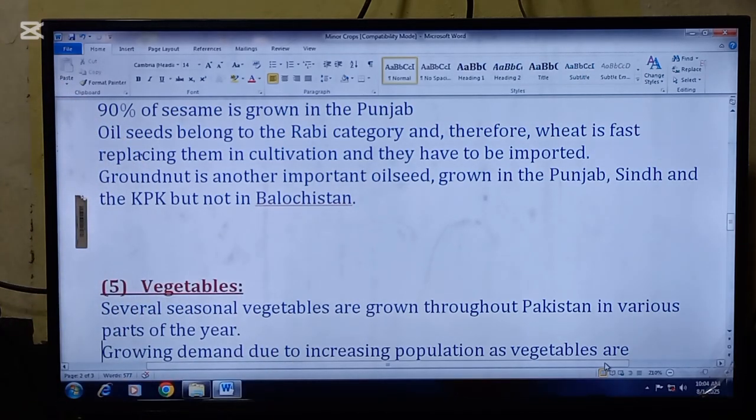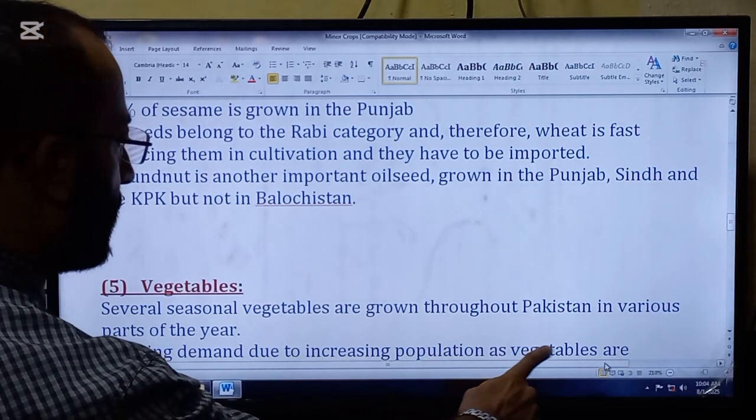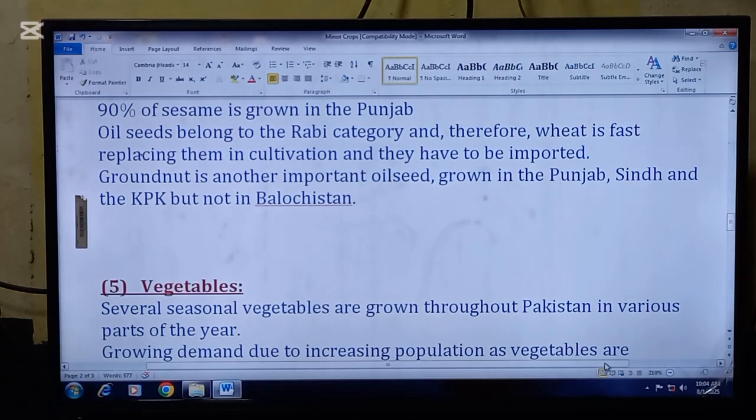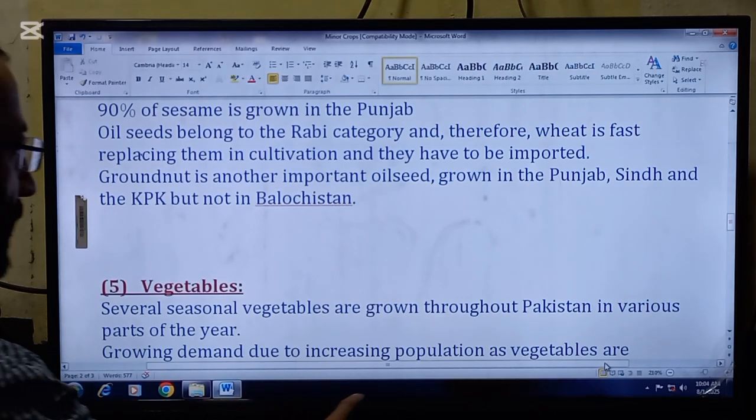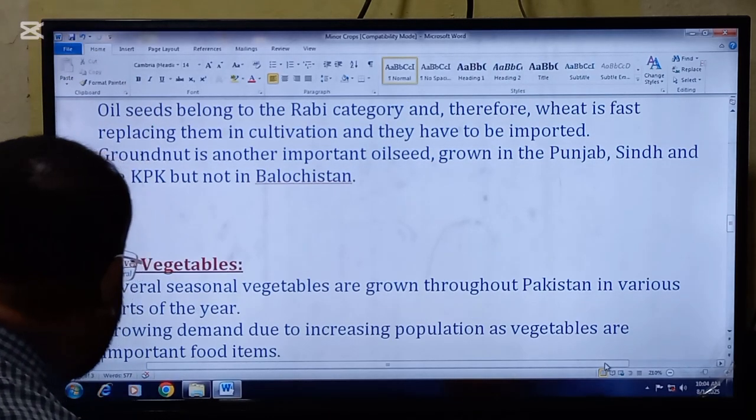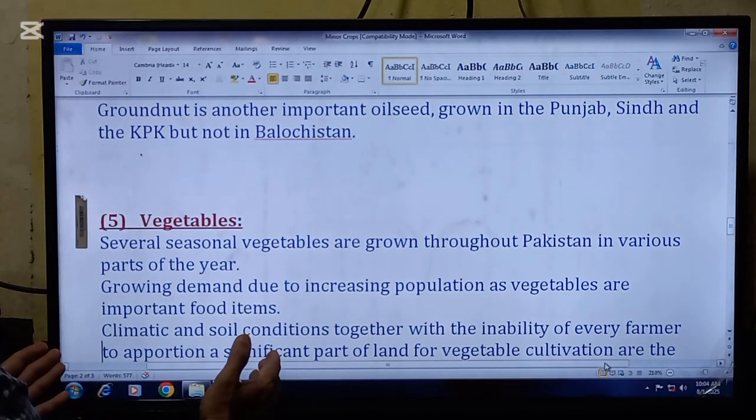The next thing that we are going to read in the lecture is the vegetables. Several seasonal vegetables are grown throughout Pakistan in various parts of the year. Growing demand due to the increasing population as vegetables are important food items.